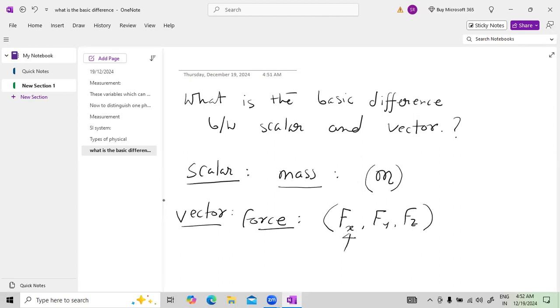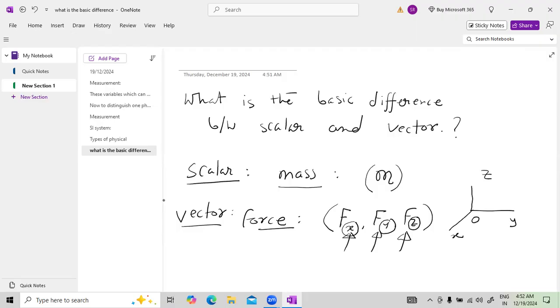Now these three variables do not come by chance. These letters are actually the directions in the Euclidean space x, y, and z.